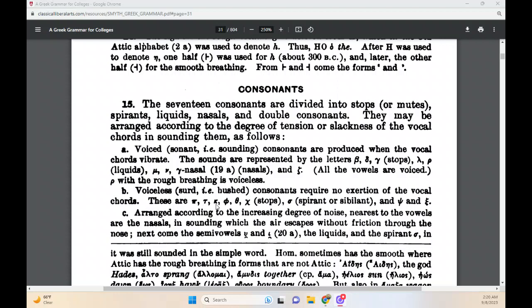Next we see kappa, and make sure that when you pronounce kappa, you don't release a lot of breath. Just make it be that clicking sound in your throat, as it were. Ka, ka, like the sound of a crow.